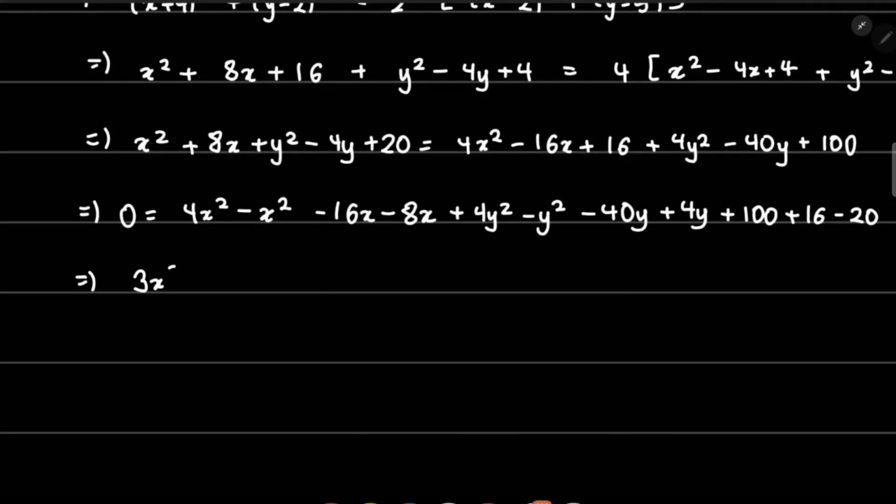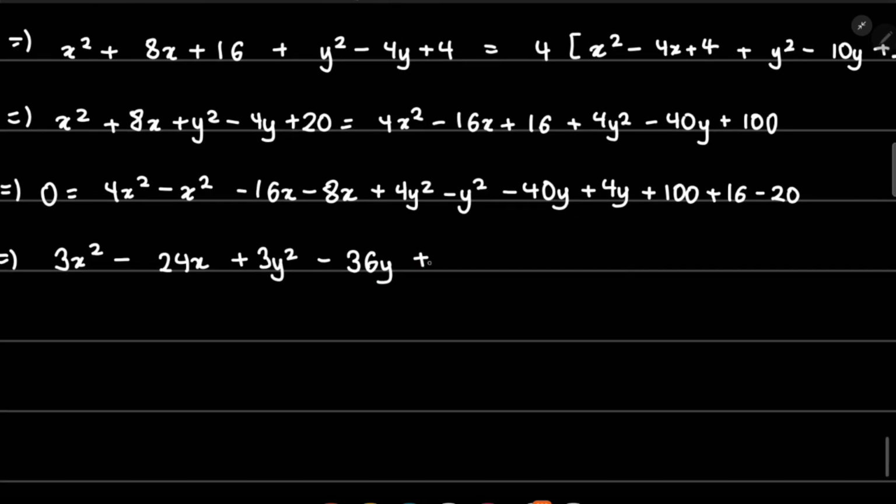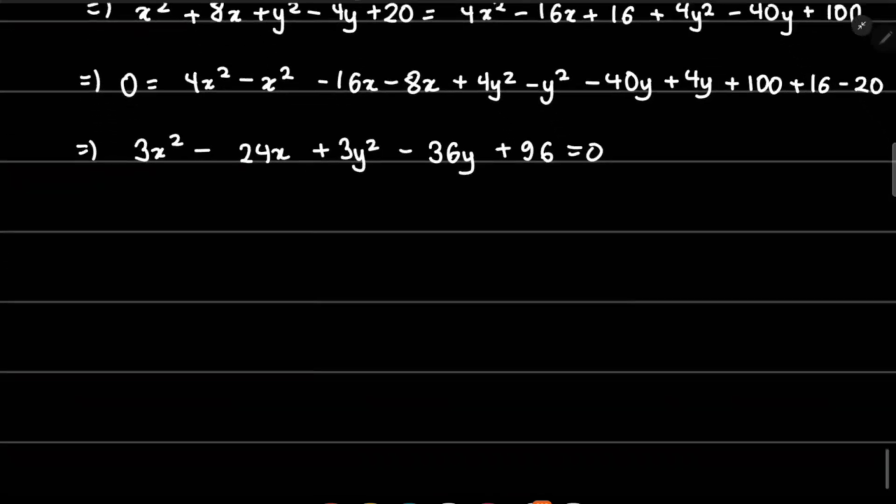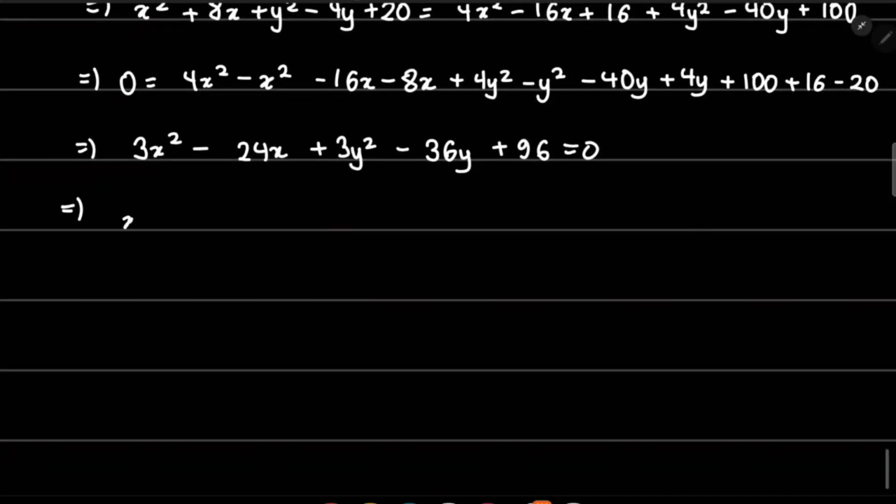So I get 3x squared minus 24x plus 3y squared minus 36y, and finally plus 96 equal to 0. We can factor out 3 from here. I get x squared minus 8x plus y squared minus 12y plus 32 equals 0.